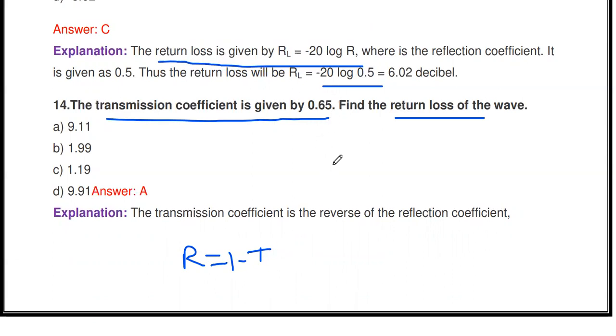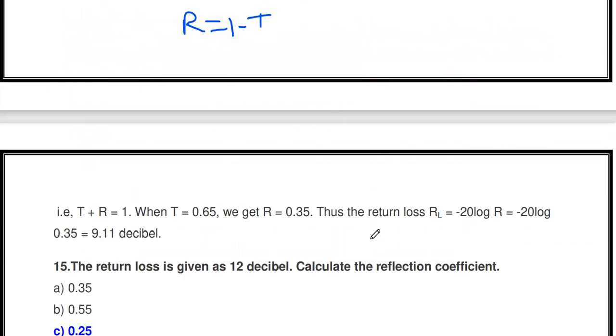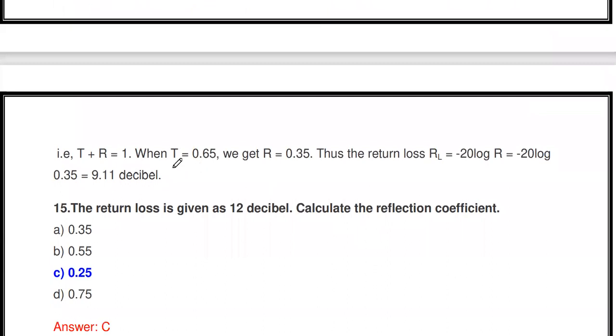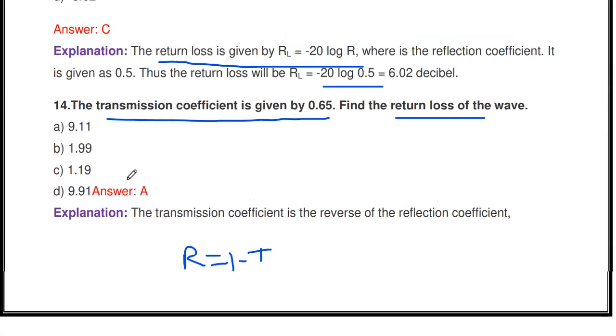So 1 minus 0.65. Okay, it is the reflection coefficient. So if T is 0.65, the reflection coefficient is equal to 0.35. So you just calculate the return loss. Return loss is equal to 20 log of that R. Okay, so we will get the answer 9.11 decibel.